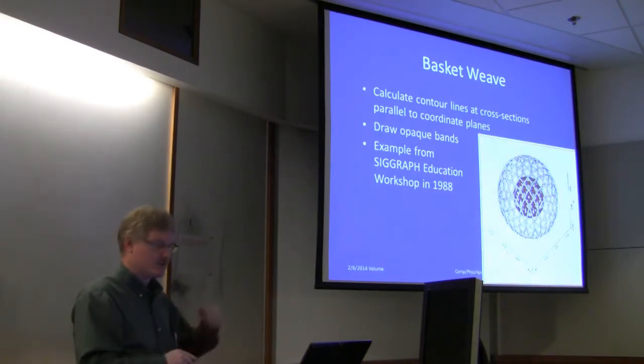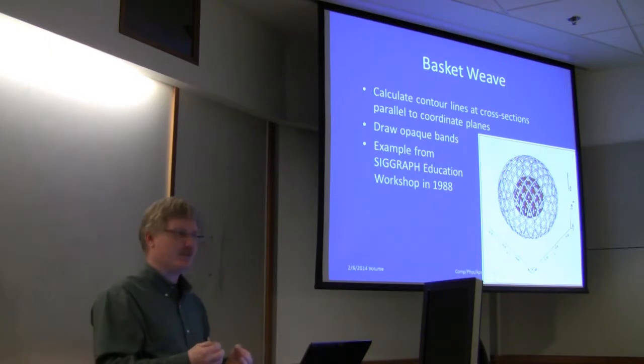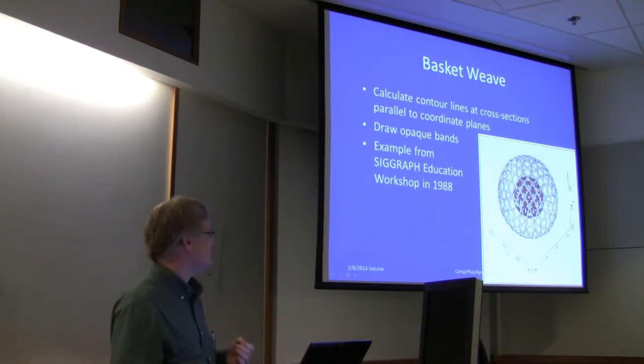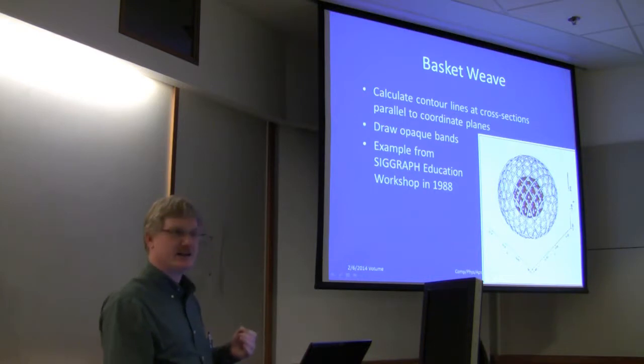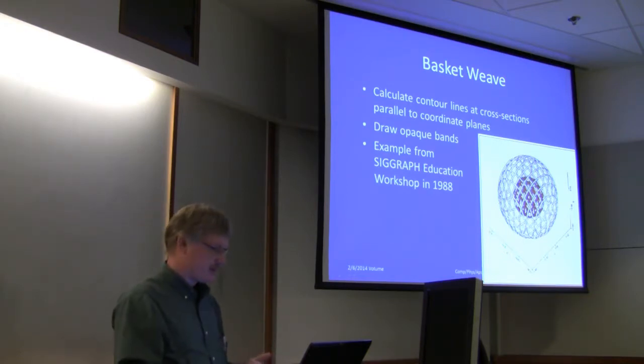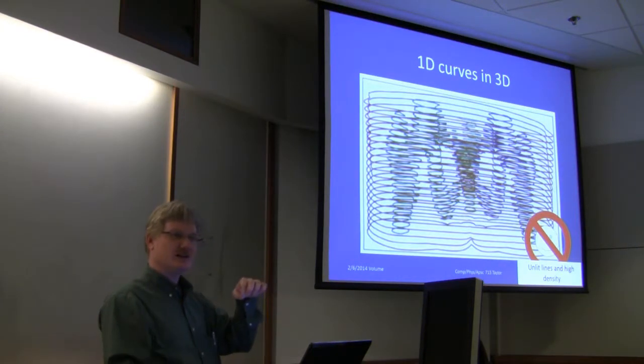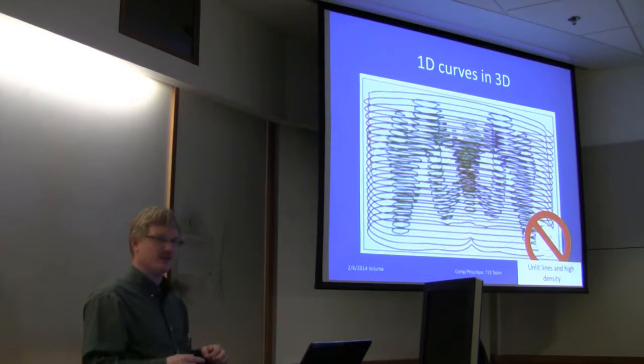All right, so basket weave here is an example of taking strips of the surface and making them opaque, and then the other ones transparent. So here we've got two nested spheres, and you can see one inside the other. This kind of regular grid texture helps us perceive the surface shape as well and gives us a good representation. But if you take these strips and make them into 1D lines, suddenly you don't get to see as much information, right?